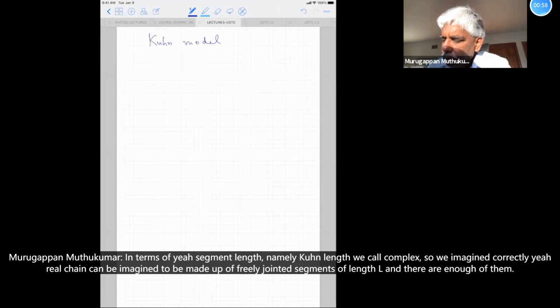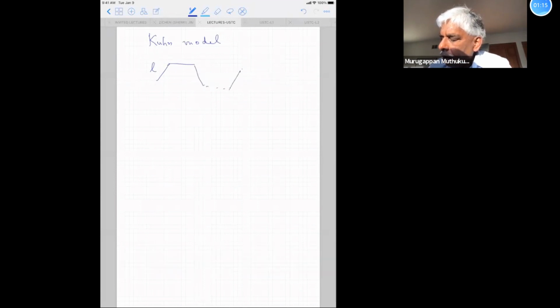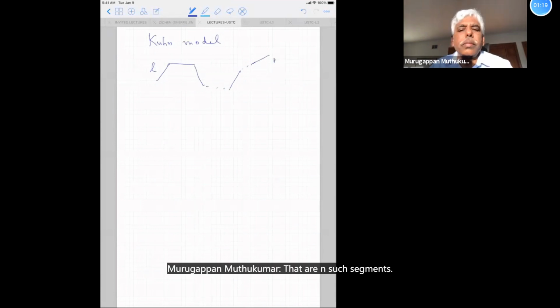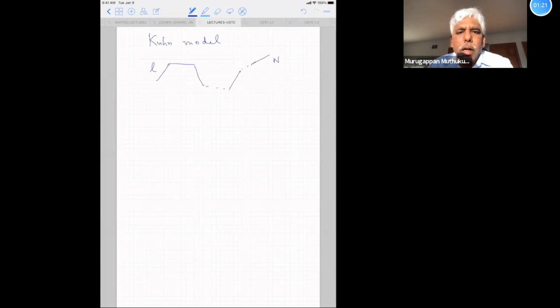We imagined that a real chain can be made up of freely jointed segments of length l, and there are n such segments.